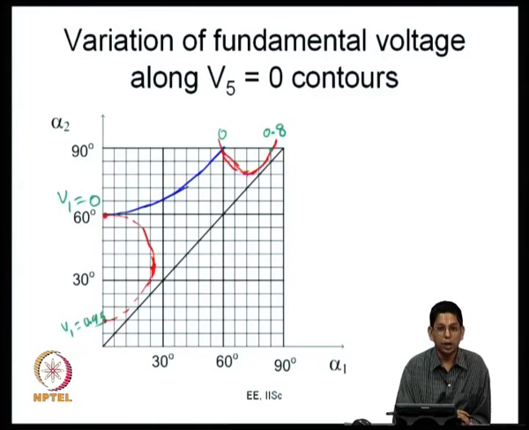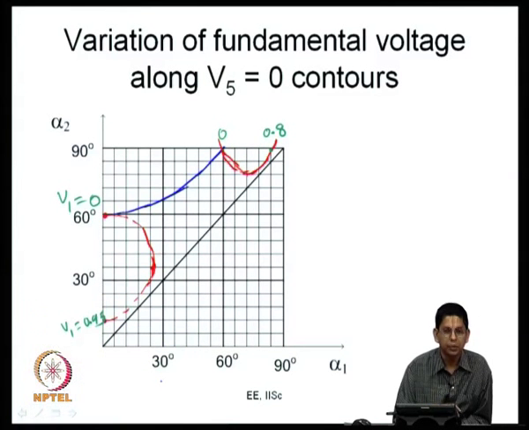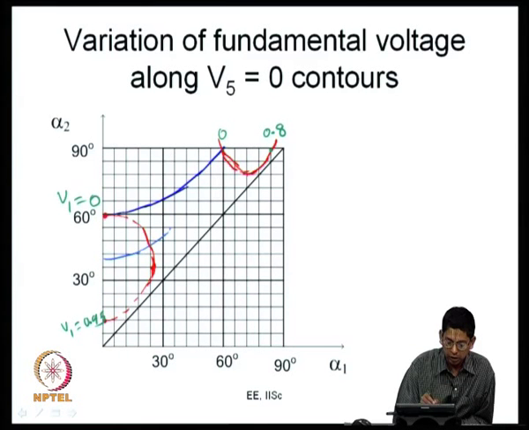Then how about, are there going to be multiple solutions? Yes. When? If you are looking at some fundamental voltage, let me once again draw it with, let us say, blue ink, looking at something like 0.4. So, I am going to get a curve which is like this.